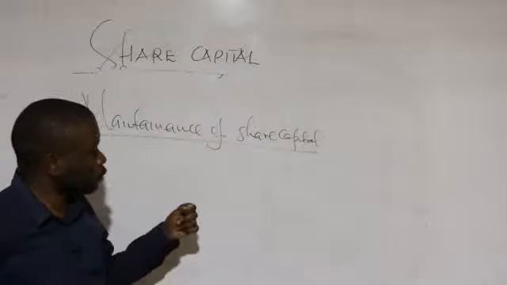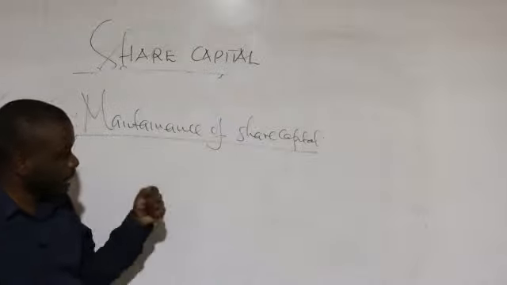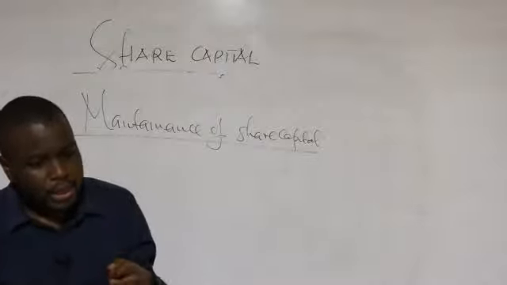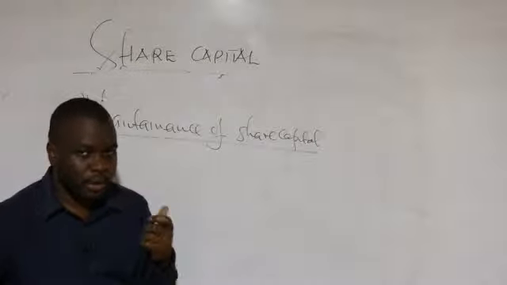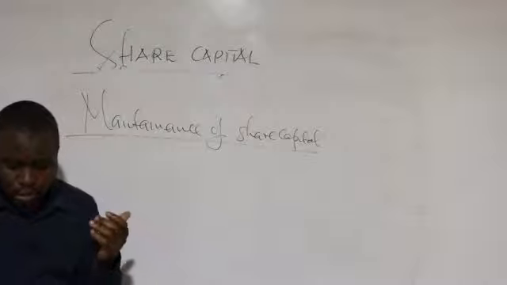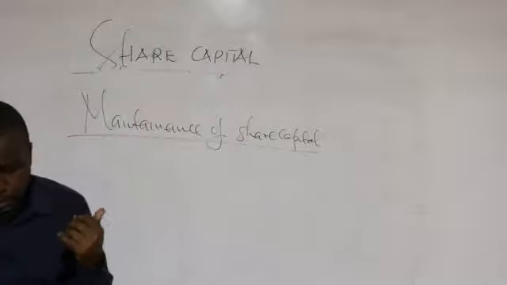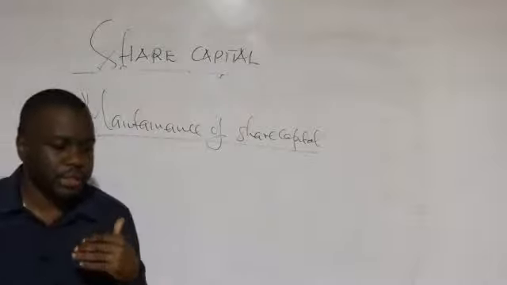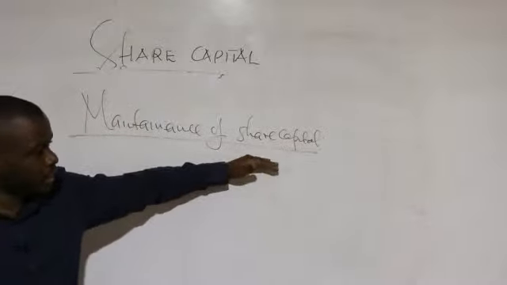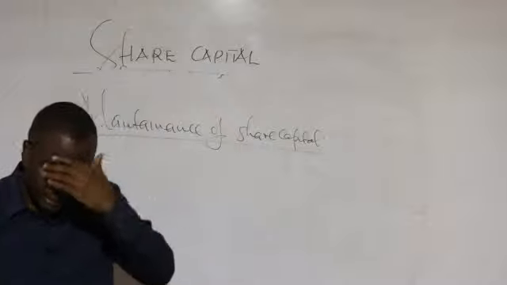So one of the ways which is quite direct and quite major is for the company to ensure that it is issuing its shares for what is known as a cash consideration. According to the Companies Act, it is a requirement that the company should not issue the shares for any other consideration other than cash.